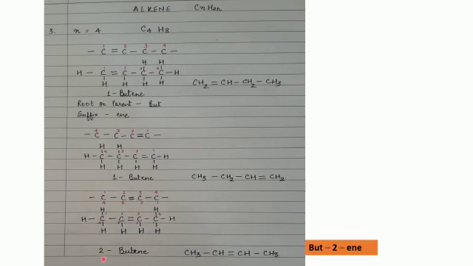We can even write the name of this compound, that is 2-butene, as but-2-ene. This is the root word that we get from the parent alkane. Then you will separate this word with a small horizontal line. Then you will write the number that we get from here.